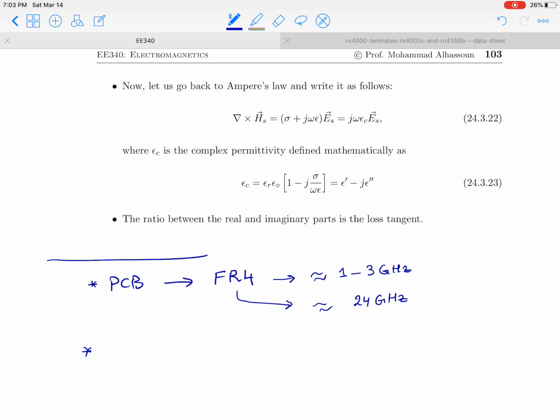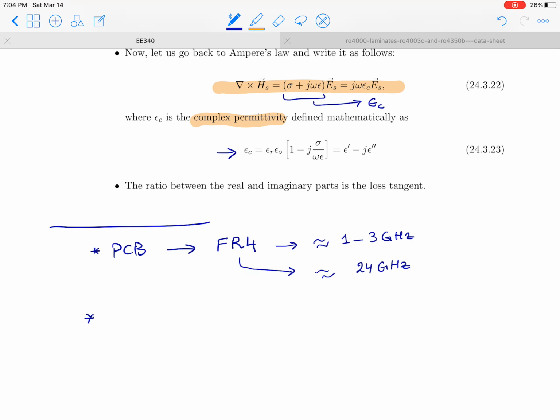The last part is that I can express Ampere's law as follows, and then combine these two terms and lump them into one term called epsilon C. Epsilon C is called the complex permittivity, and it's defined as follows. It's a complex quantity, so it has a real part and an imaginary part.